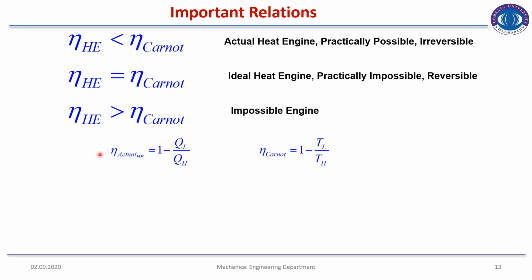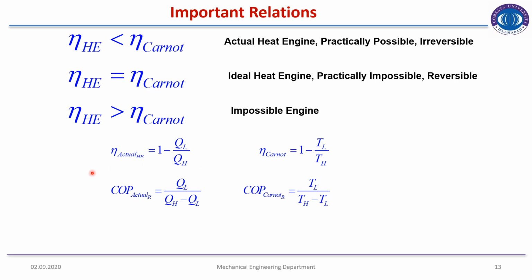So if we are calculating the efficiency of an actual heat engine, then the relation is 1 minus QL divided by QH. Whereas if we are calculating the efficiency of a Carnot heat engine, then the relation is 1 minus TL over TH.